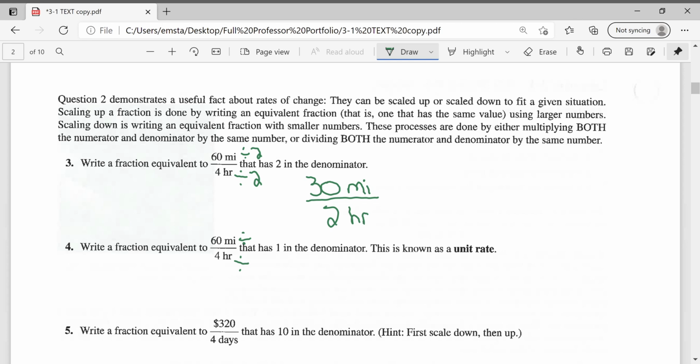I have to divide it by 4. I divide top and bottom by 4. My new numerator then is 60 divided by 4. You can use a calculator to calculate that. It is 15 miles in 1 hour.